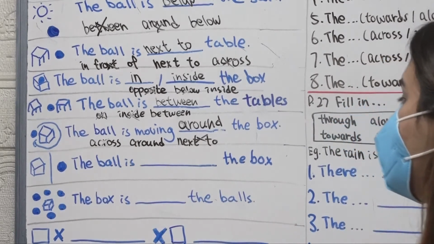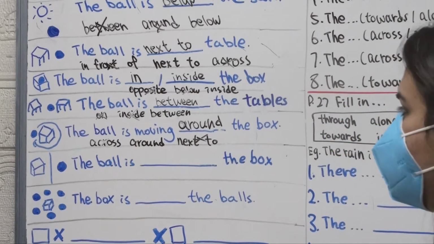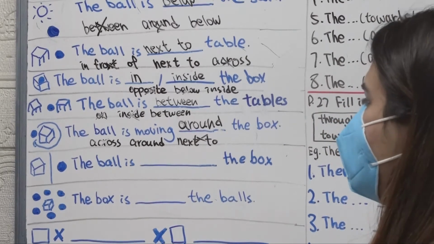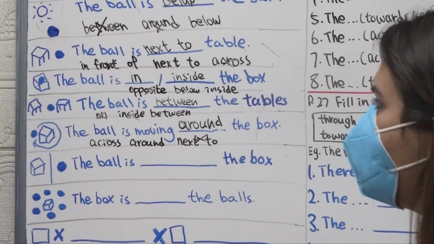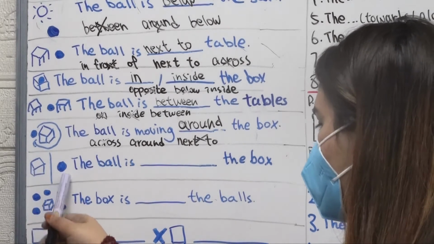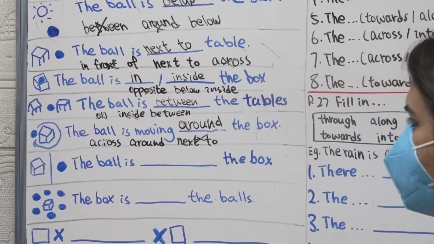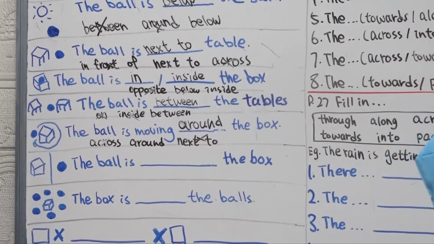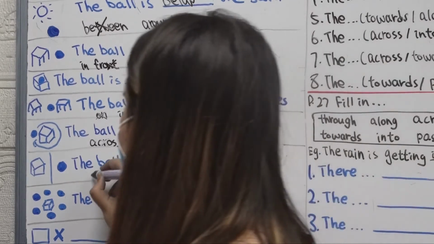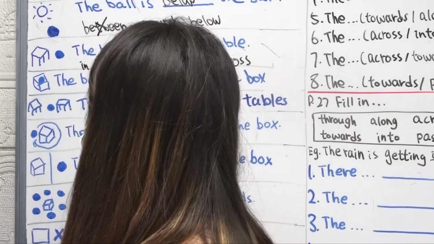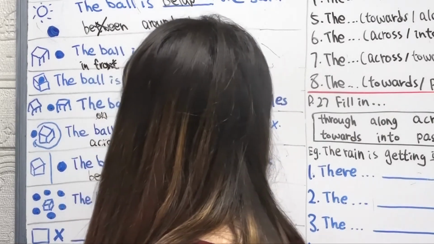Next one. The ball is, what's the box? Is there any preposition that means to one side of another? Remember, what do we call that? Is it between? Is it across?